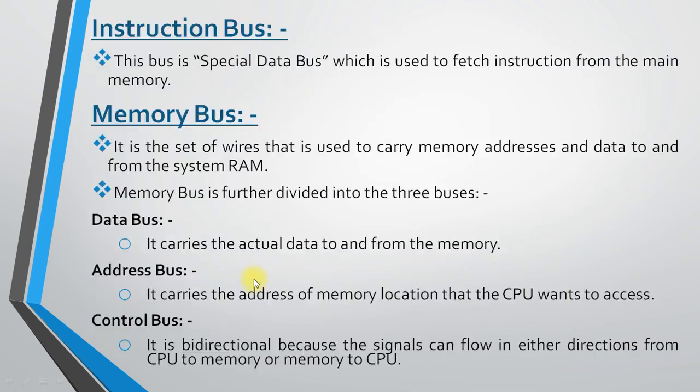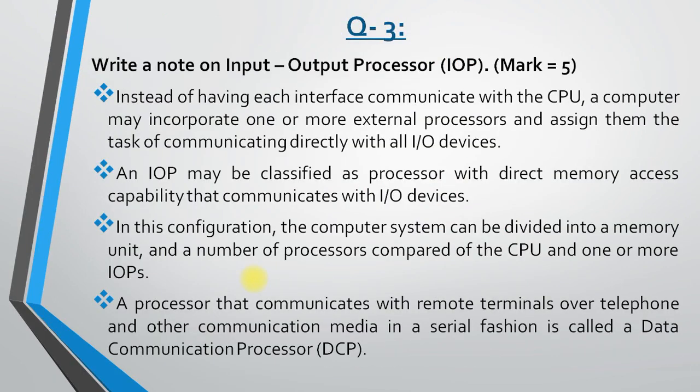So over here, instead of having each interface communicate with the CPU, the computer gives you the facility to connect an external processor and allow that processor to communicate directly with all the input output operations or input output devices.